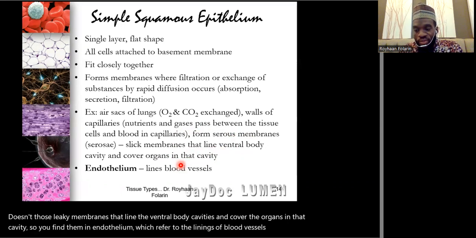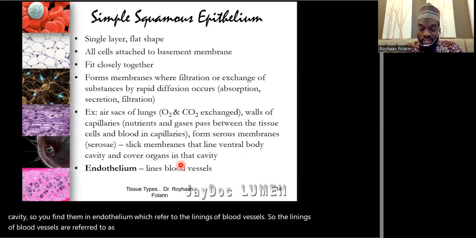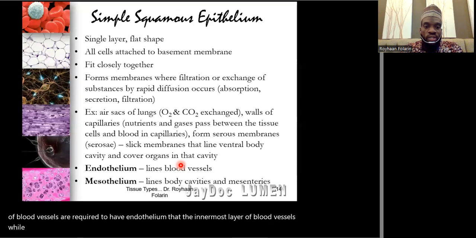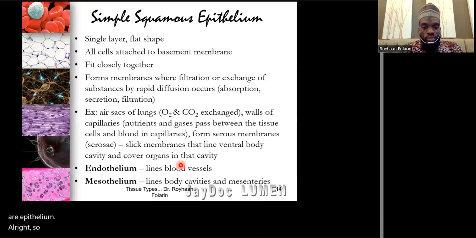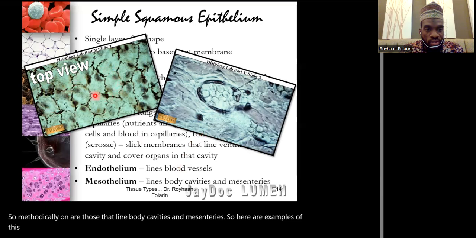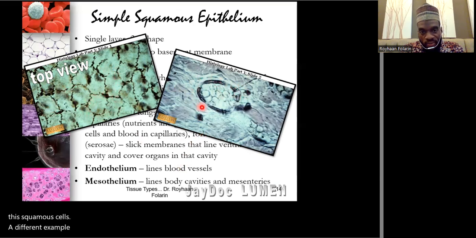That's the innermost layer of blood vessels, while the linings of body cavities and mesenteries are referred to as mesothelium. So all of them are epithelium, right? Mesothelium are those that line the body cavities and mesentery.